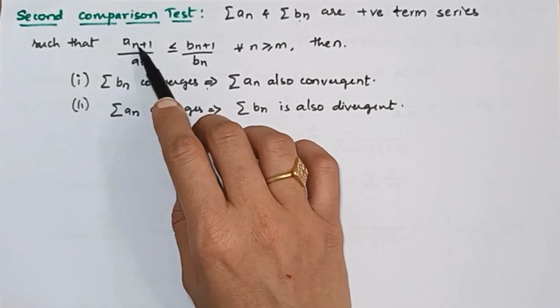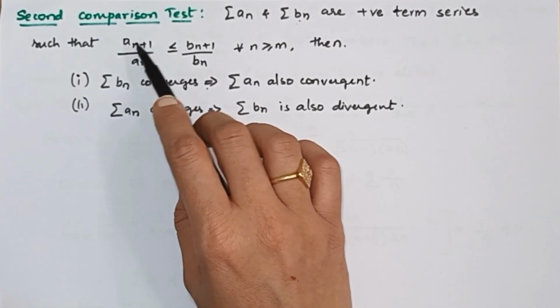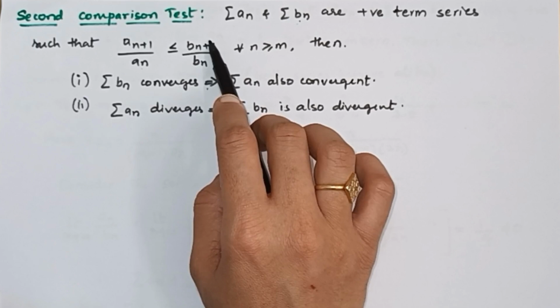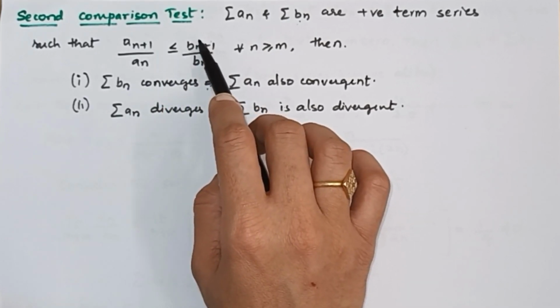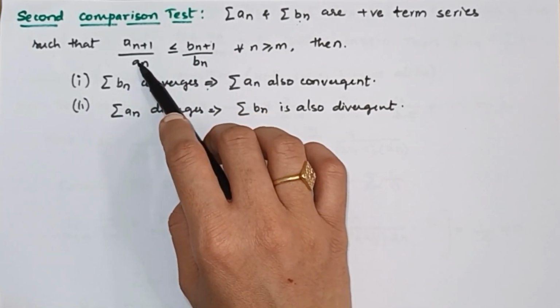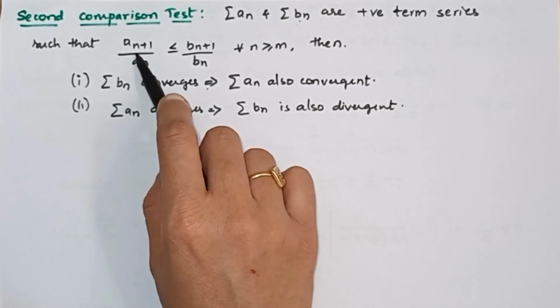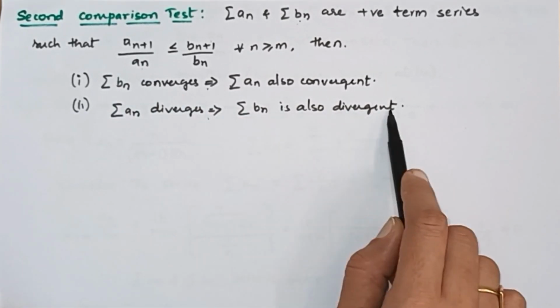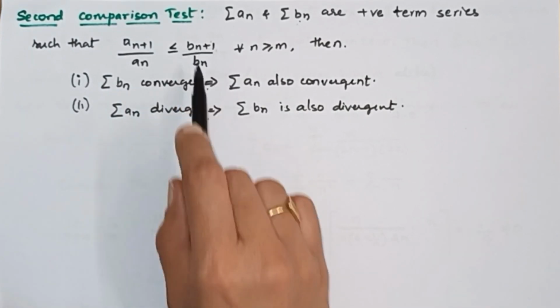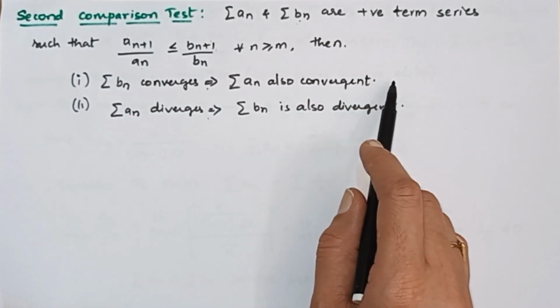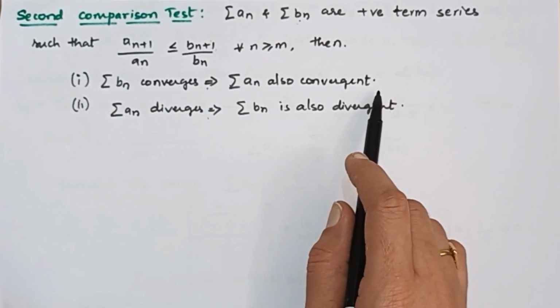Whenever the smaller series diverges, the bigger series must diverge. Whenever the bigger series converges, the smaller series must converge. So summation of an divergent means bn is also divergent. Sigma bn converges means sigma an is also convergent. This is called the second comparison test.